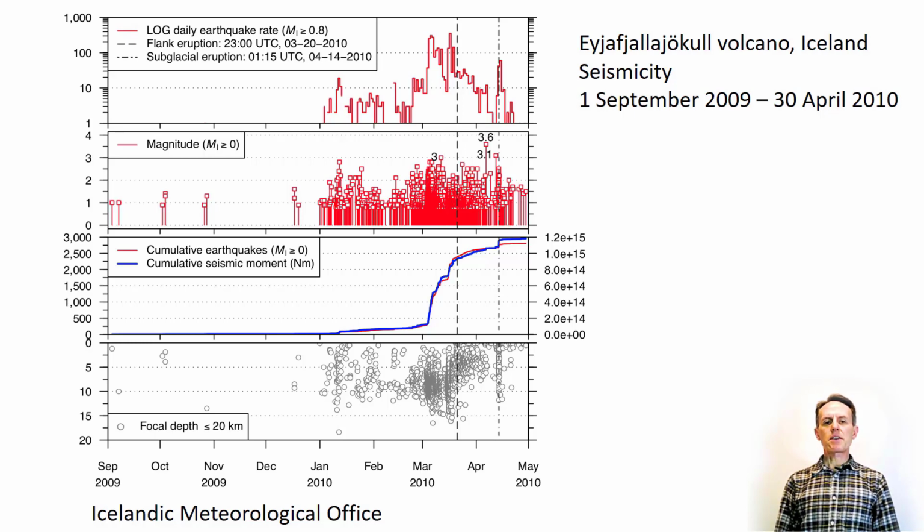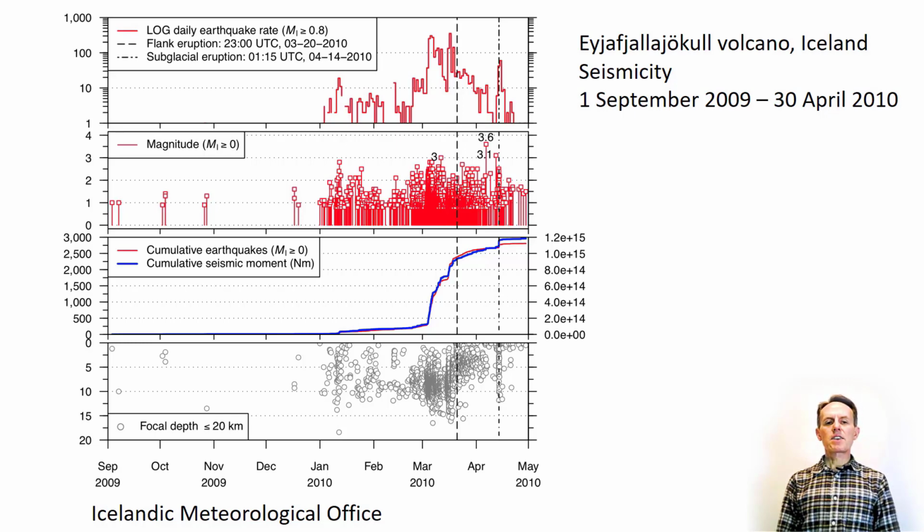The topmost panel shows the daily number of earthquakes above magnitude 0.8. The 2 vertical lines show the onset of 2 eruptions: the initial basaltic eruption on the flank of the volcano on March 20, 2010, and a later explosive summit eruption that began on April 14th. Note the logarithmic scale for the daily number of earthquakes, going from 1 to 1,000 earthquakes per day.